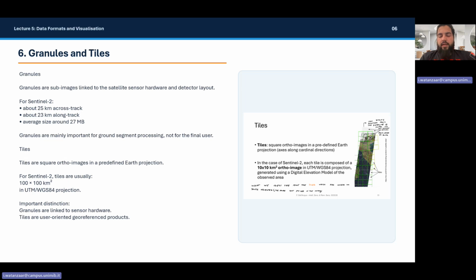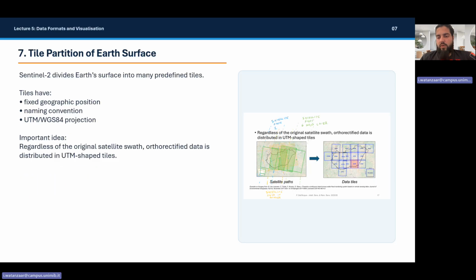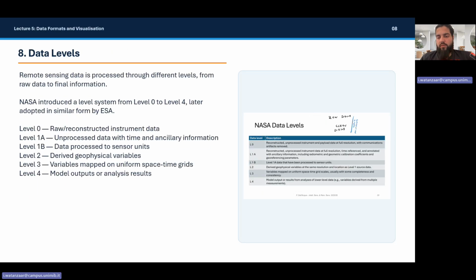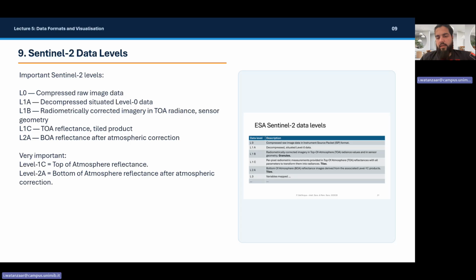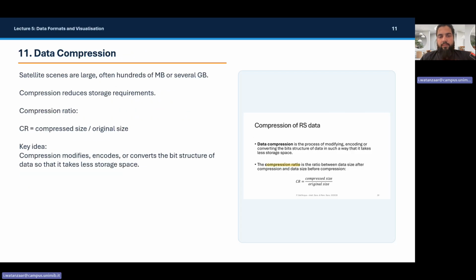So the tiles are associated with one of these formats, GeoTIFF, which is embedding or linking the georeference data for the user. That's why we said this is more user oriented for the final user, and the granules are hardware oriented.